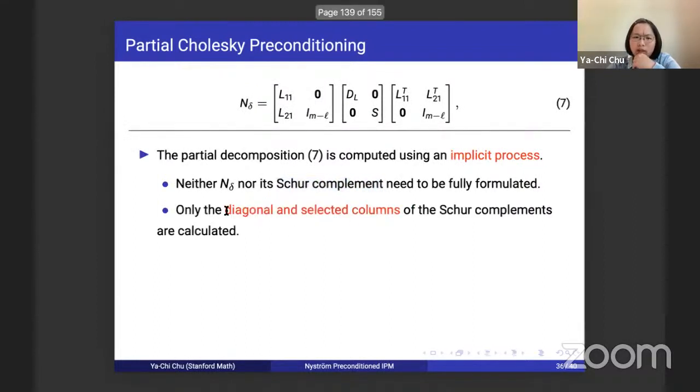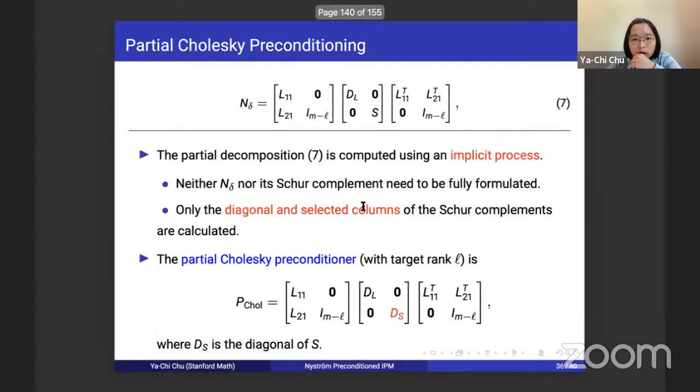We will only compute the diagonal and some selected columns of the Schur complement. So we cannot really have all this information here. The information we have is only the L columns of the Cholesky factor, the largest pivots, and the diagonal of S.